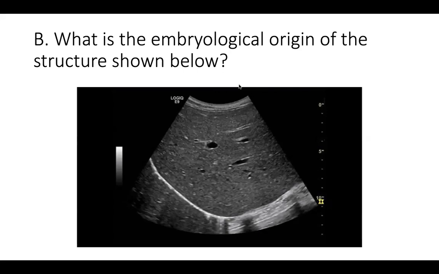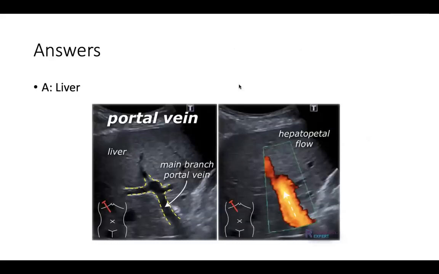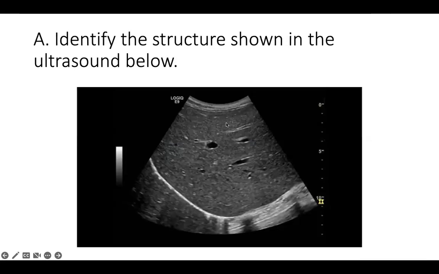All right, assuming that you answered with liver, that is correct. That was an ultrasound of the liver. And how can you tell? A liver always looks like a sponge under the ultrasound. It has these holes and this white border, which is basically the capsule of the liver, and any fat in the body is going to appear white in the ultrasound.